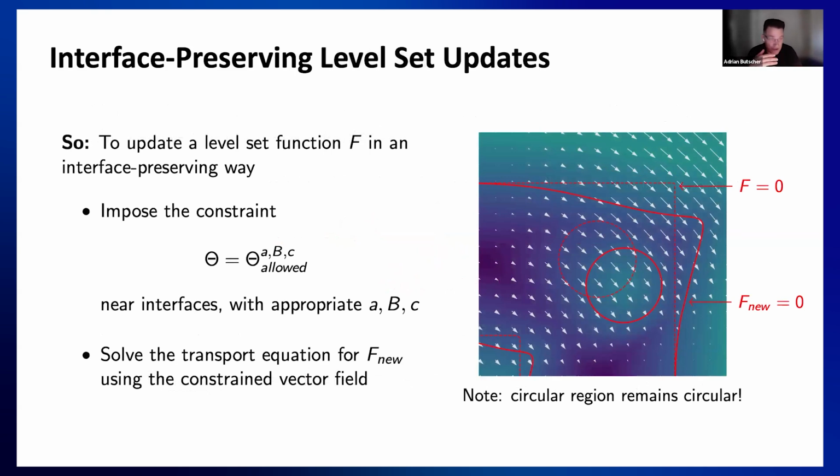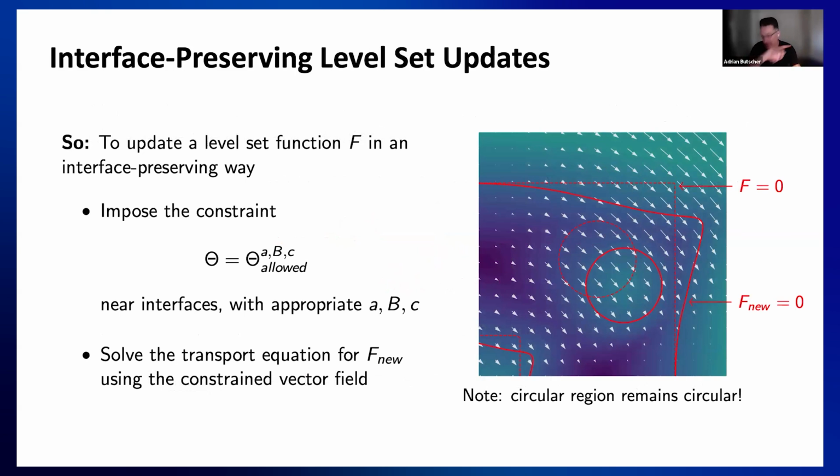So what we would like to do is update the level set function. In order to update the level set function in an interface-preserving way, we impose the constraint that theta equals the allowed velocity form with an appropriate A, B, and C in the interface regions. Once we have constructed theta in this way, we solve the transport equation.